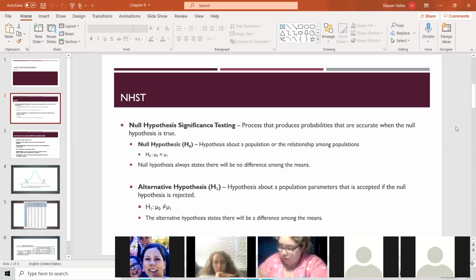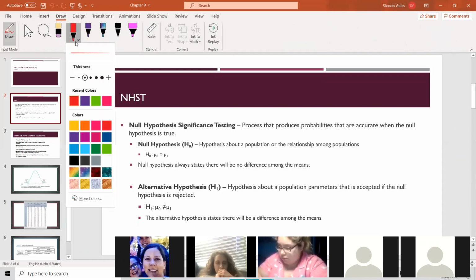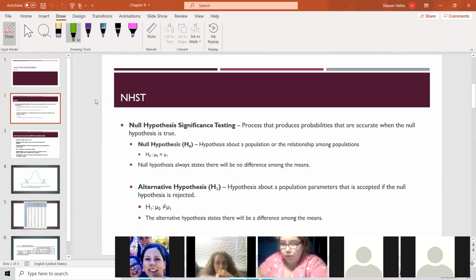Okay. So now let's define null hypothesis. The null hypothesis, which we mark off with this H0, is the hypothesis about a population or the relationship among populations.